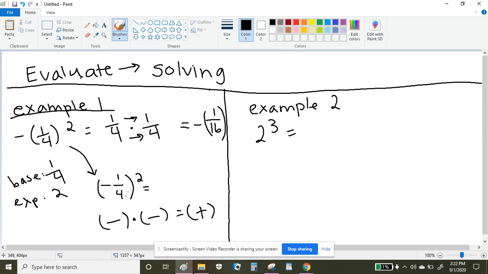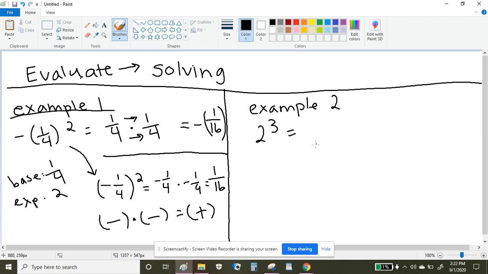So if this had been inside, we would have gotten a completely different answer because we would have had a negative 1/4 times a negative 1/4. Negative times a negative would be positive, so that would cancel out, and we'd be left with 1/16. So these are two completely different situations.